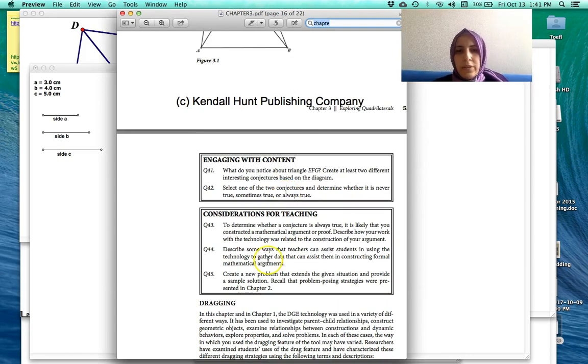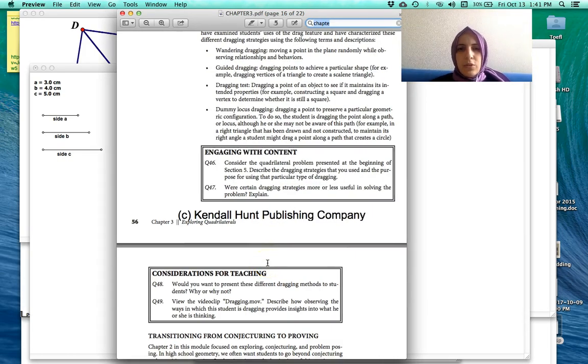Question 46. Consider the quadrilateral problem presented at the beginning of section 5. Describe the dragging strategies that you used and the purpose for using that particular type of dragging. First of all, wandering dragging: moving a point in the plane randomly while observing relationships and behavior. Second, guided dragging: dragging points to achieve a particular shape.